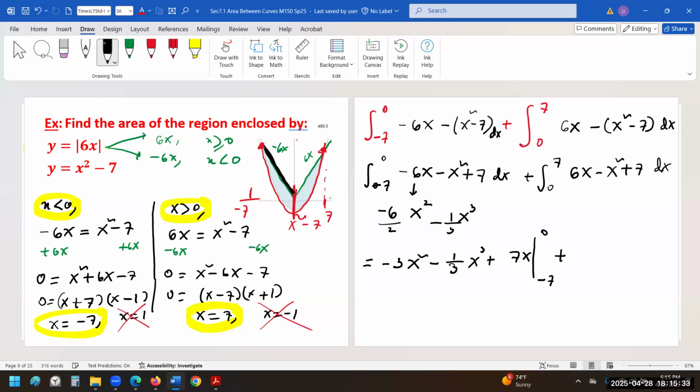What's the antiderivative of 6x? 6x squared over 2, right? So that gives us 3x squared.